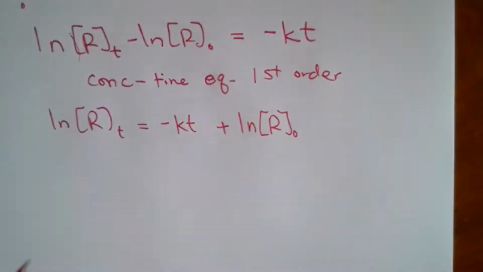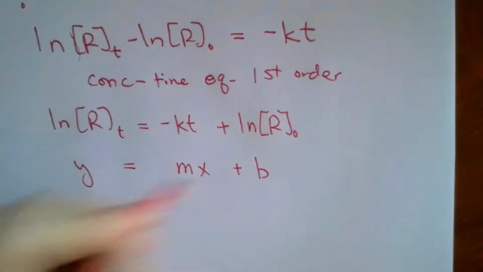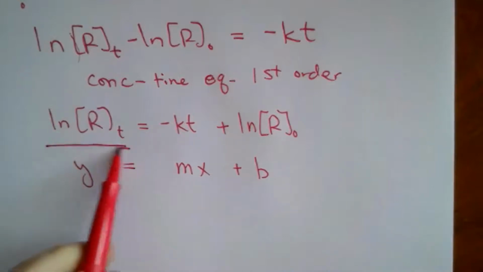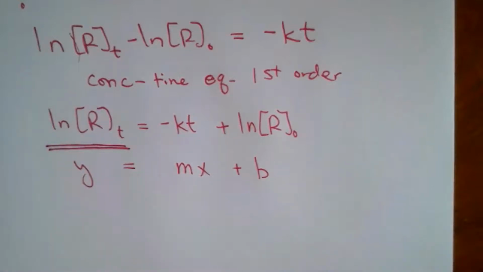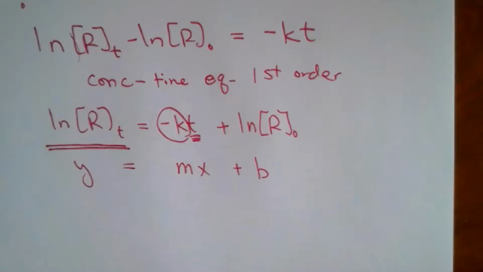The reason one might choose to write it this way is because it takes on the slope-intercept form of a line. If you plot ln of concentration at some time versus t, you get a line with a slope of negative k. This is for first order.